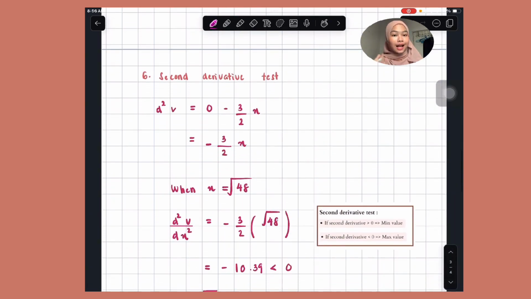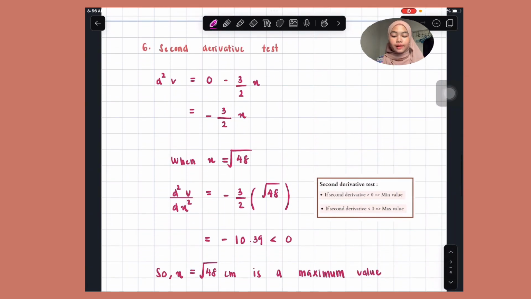And then the last step is to do the second derivative test. We will differentiate it again. So d squared v over dx squared equals 0 minus 3 over 2 x, and then when we differentiate, it becomes negative 3 over 2 x.